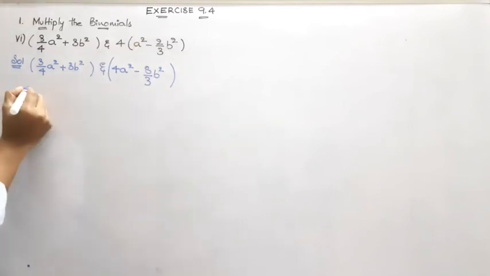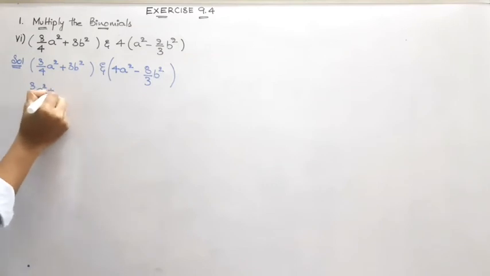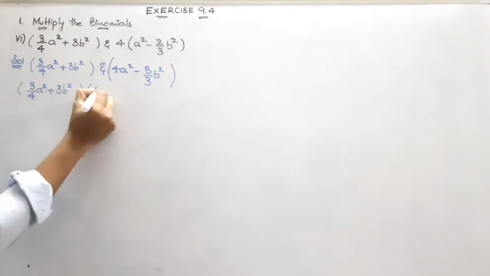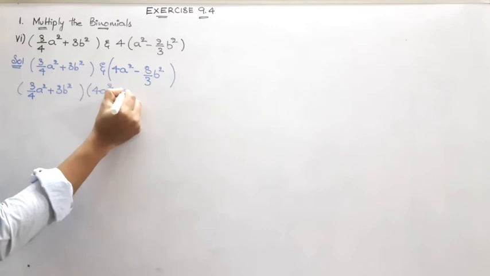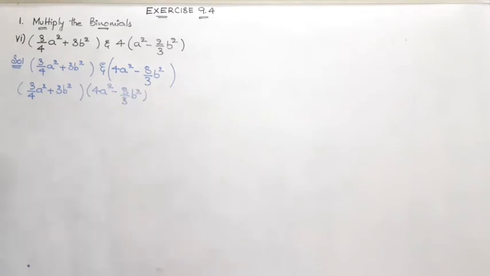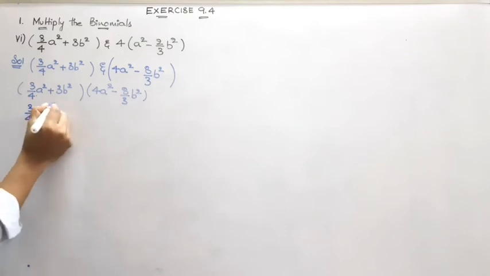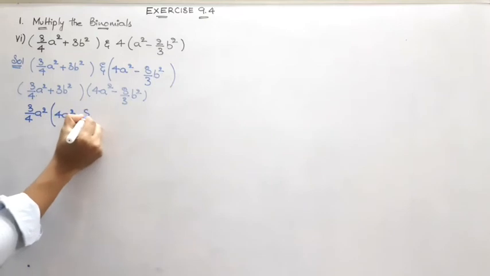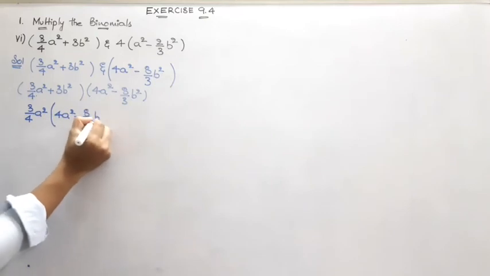Now the regular process. So 3 by 4 a square plus 3b square to be multiplied by 4a square minus 8 by 3 b square. So the first term is 3 by 4 a square, to be multiplied by 4a square minus 8 by 3 b square.